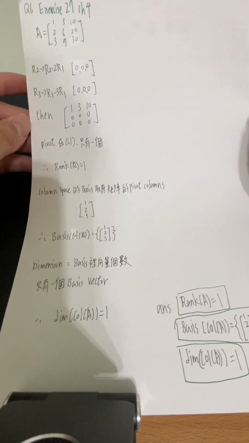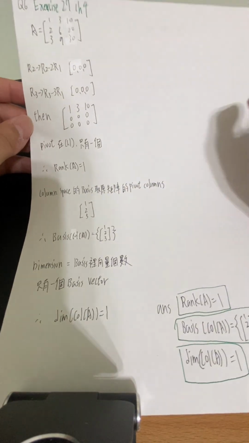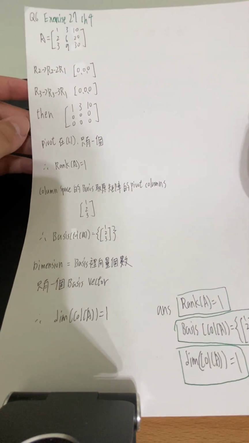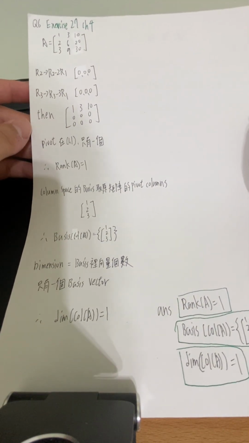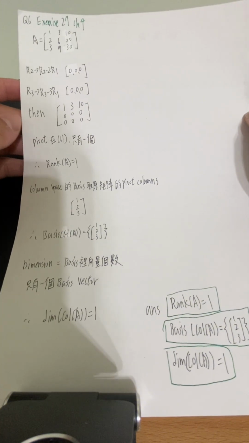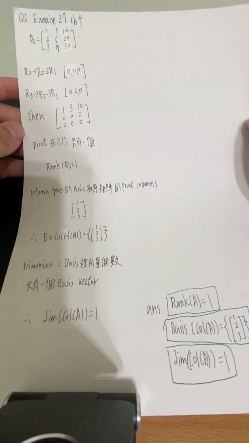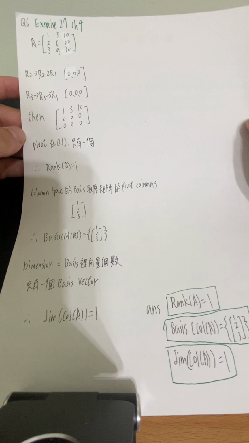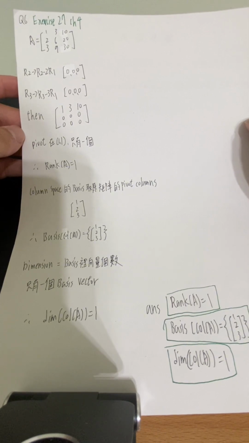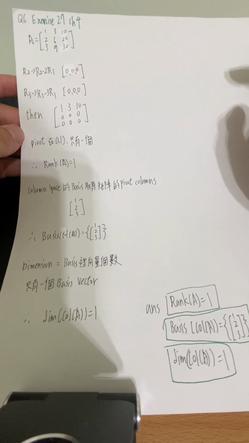Question 6, Chapter 4, Exercise 27. In this exercise, we need to find the rank of matrix A, a basis for the column space, and the dimension of the column space. First, we perform Gaussian elimination.